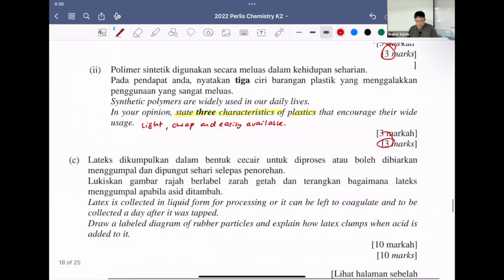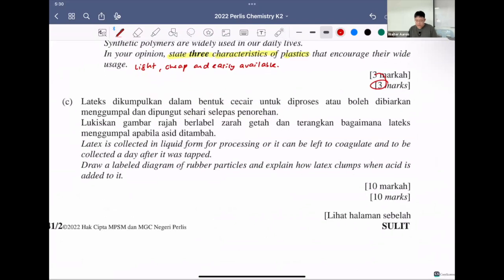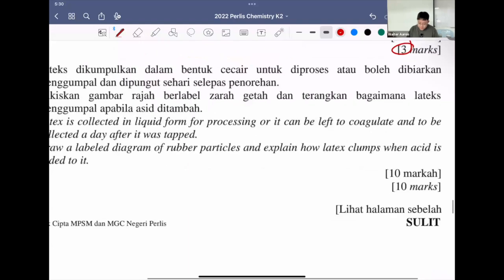All right. And then for C, latex is collected in a liquid form. For processing, it can be left to coagulate and be collected a day after it was tapped. So label a diagram of the rubber particles and explain how latex clumps when acid is added to it. I think it's very simple, all we have to do is draw a very nice picture.